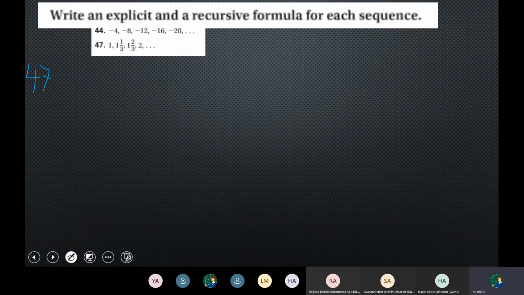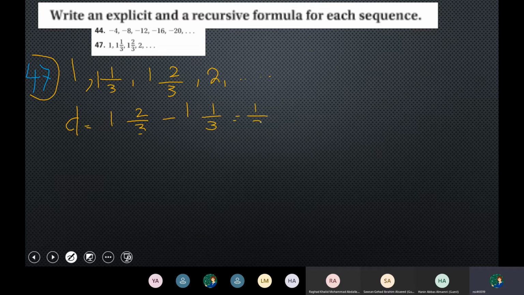In number 47 here we have 1, 1 and a third, 1 and 2 over 3, 2, and so on. Now from here I have to find D. What is D? It is 1 and 2 over 3 as an example, minus 1 and 1 over 3.